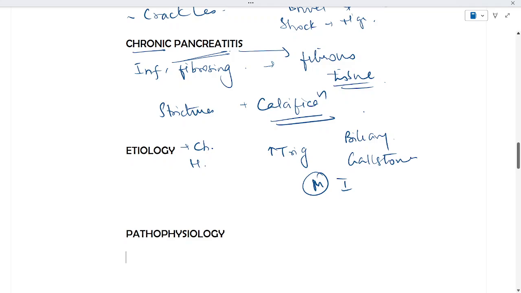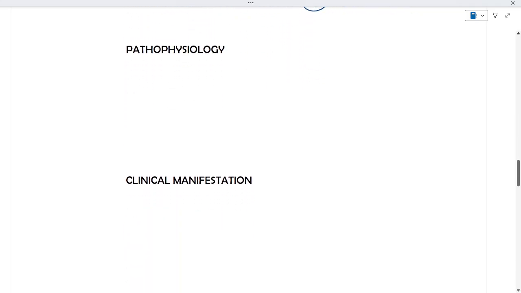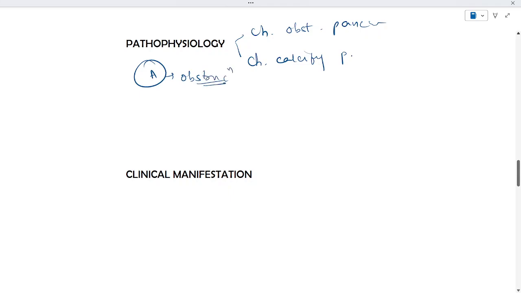Pathophysiology: if we look at chronic pancreatitis, there are two major types. One you can call the chronic obstructive type of pancreatitis, and the second is the chronic calcifying type of pancreatitis. Here, the toxic effect of alcohol will cause obstruction of the duct, with the presence of protein precipitates.